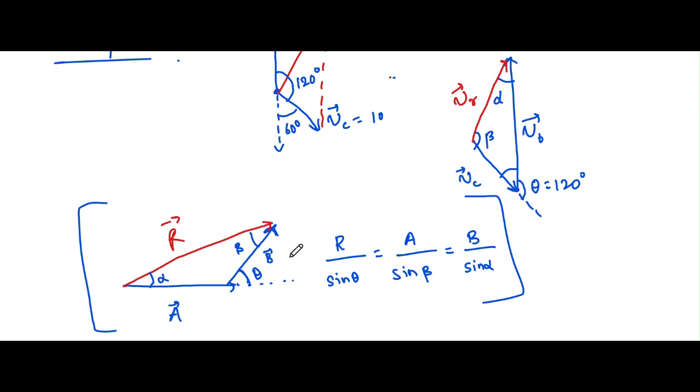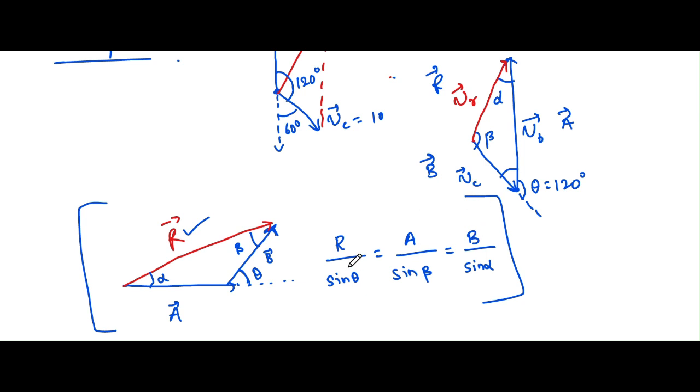So here, if we say the resultant velocity is r, the velocity of the boat is vector a, and the velocity of the water current is in place of vector b, then we can relate this formula here also.